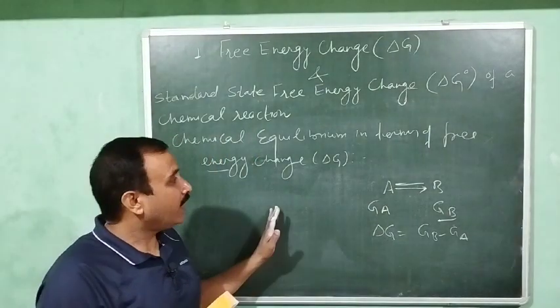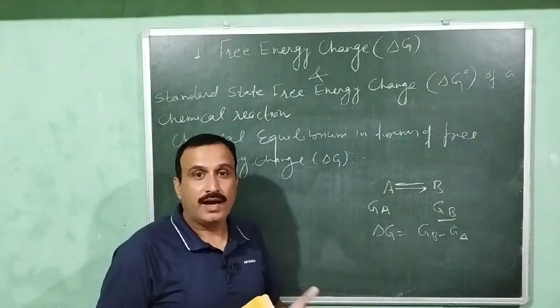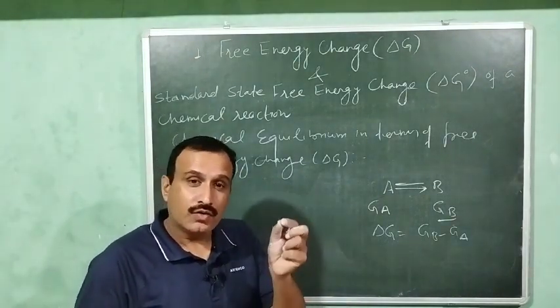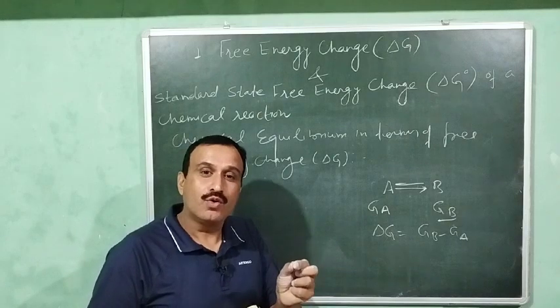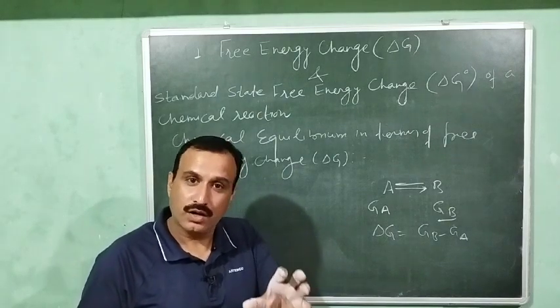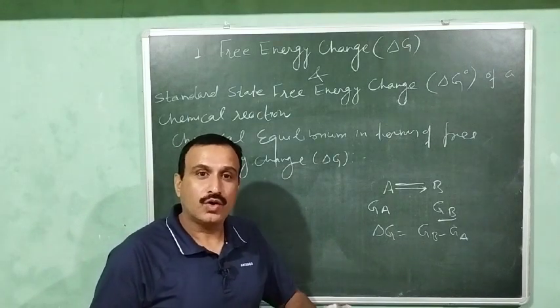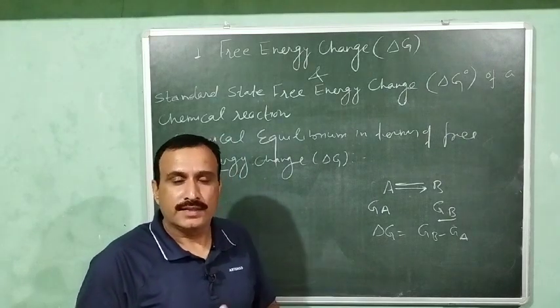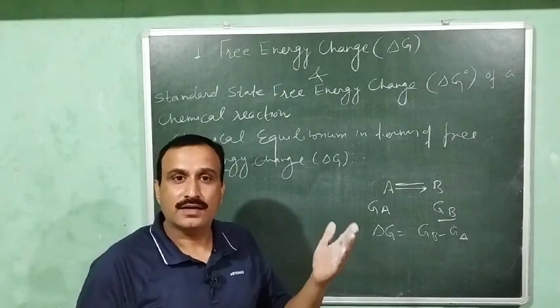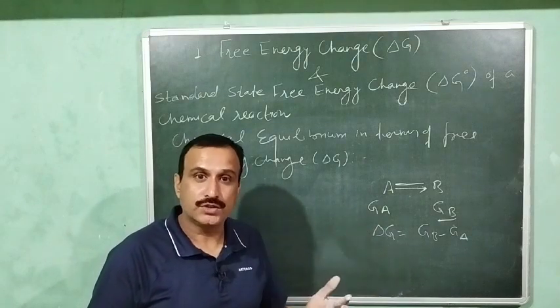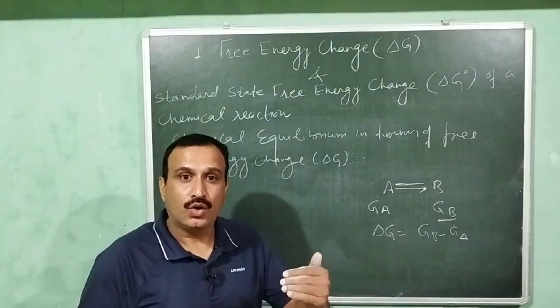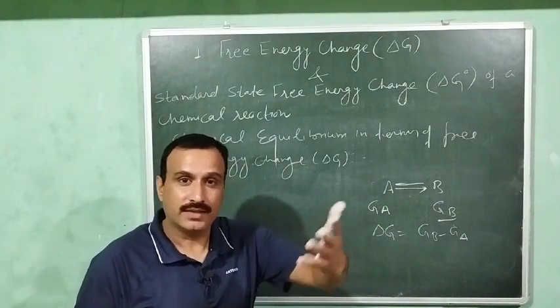Now friends, as the reaction proceeds further, the concentration or the number of moles of reactants will decrease and those of products will increase. जैसे जैसे रिएक्शन आगे बढ़ता है, रिएक्टेंट्स की कॉन्सेंट्रेशन, नंबर ऑफ मोल्स कम होते जाते हैं और प्रोडक्ट्स के नंबर ऑफ मोल्स बढ़ते जाते हैं.